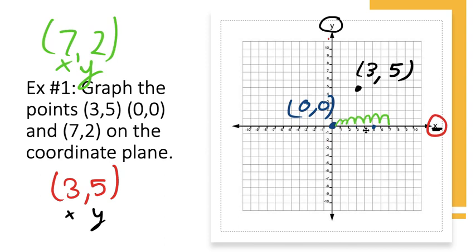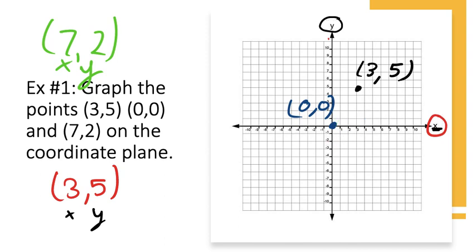You really don't even have to count because the numbers are written. So if I go all the way to 7, we see 7 here, so I'll just put my point right there. But we still have to go 2 on the y, so we see 2 right there. But you can see that the 2 is right here.